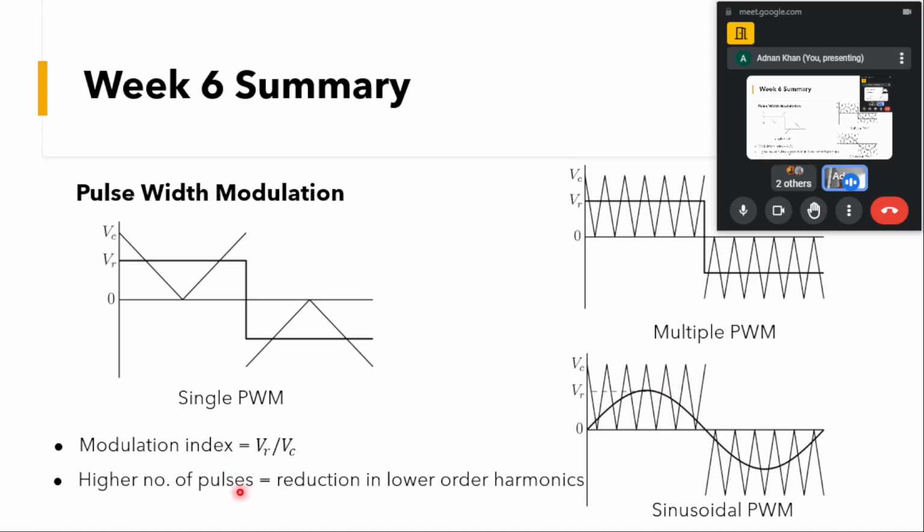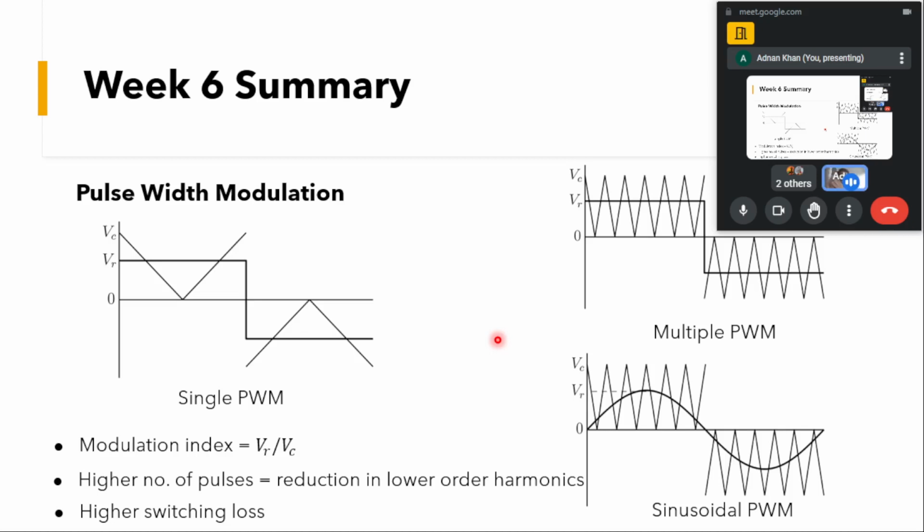So what we got from here is that with an increased number of pulses, we'll have a reduction in the lower order harmonics. So the more pulses, the better, but we also have to balance things out, because with more pulses we'll be switching our devices more times, which can increase our switching losses.